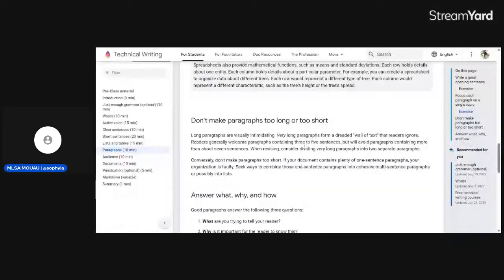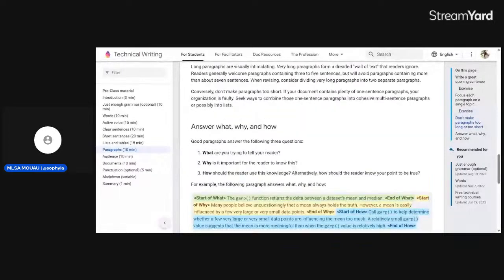It makes it bulky and it makes it hard to read and digest. Another tip is don't make your paragraph too long or too short. Ensure that it's an adequate number of words.